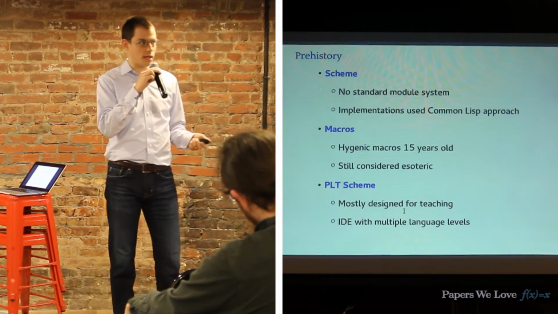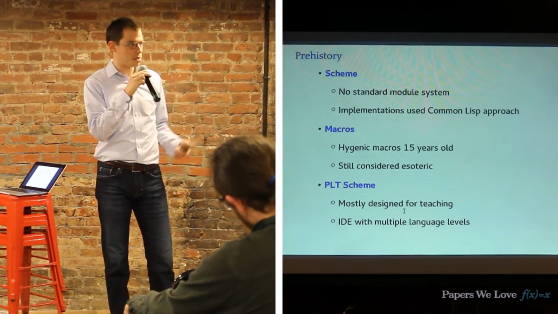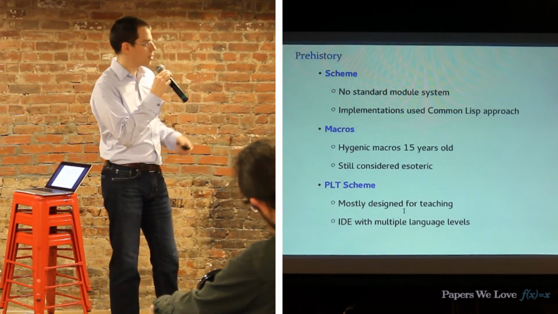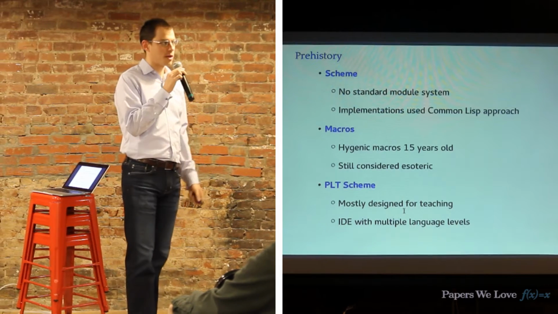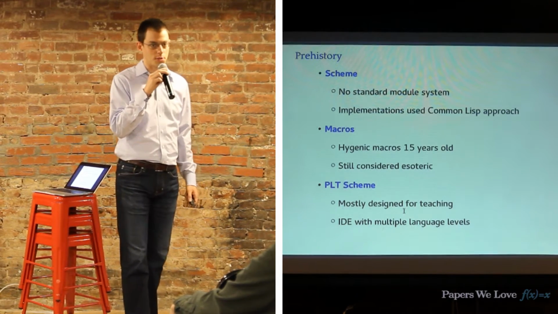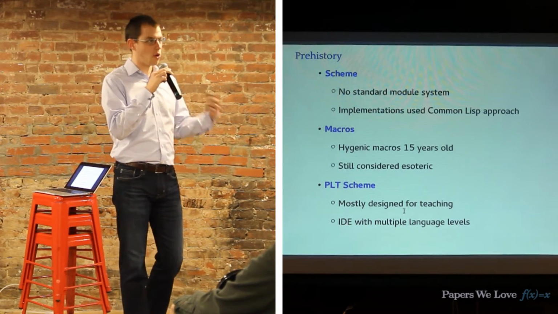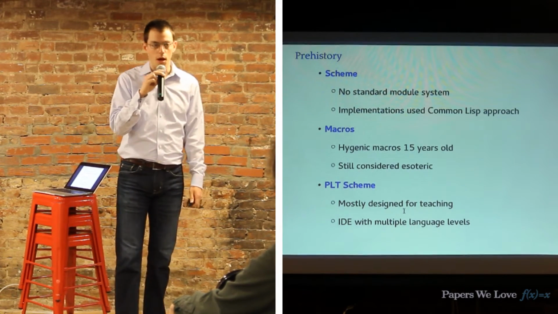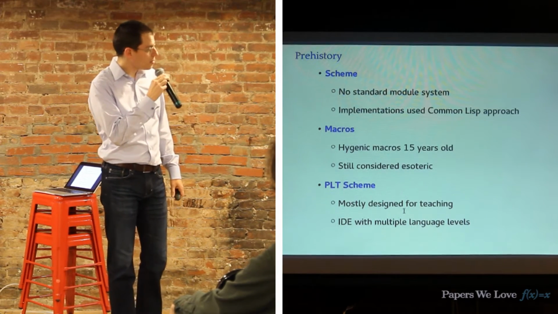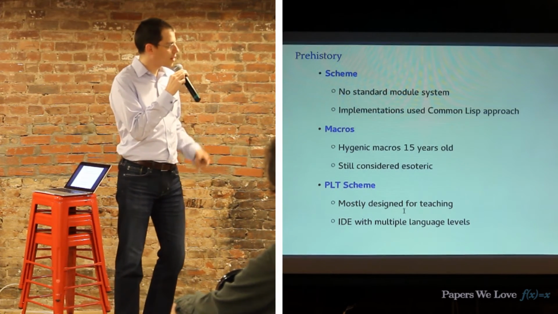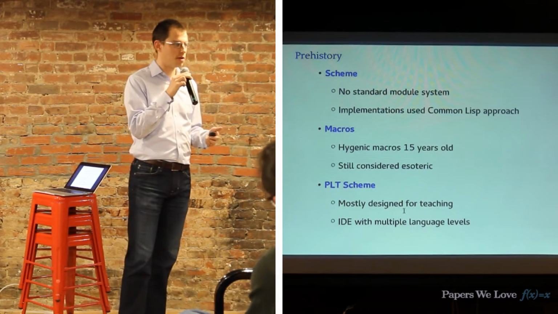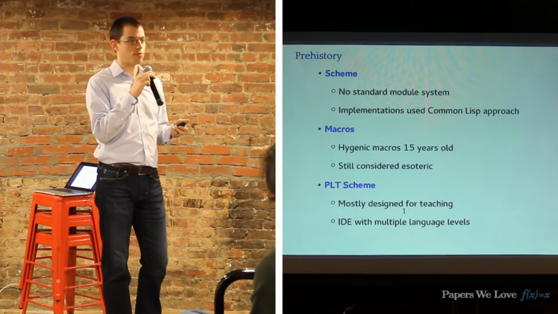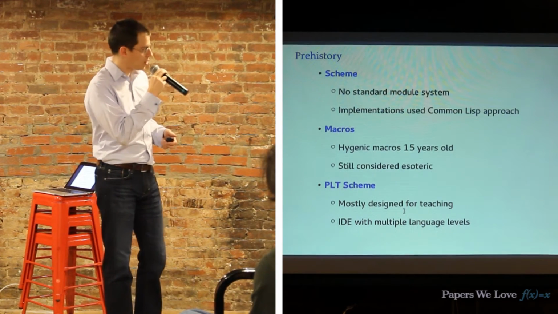Similarly in other Lisp systems at the time, like Common Lisp, there was no module system. Most Scheme systems used various versions of the Common Lisp approach where you loaded things differently, although usually Scheme systems didn't have multiple namespaces. So that's the state of Scheme module systems then, and that's roughly where the Racket module system was as well, before this paper.